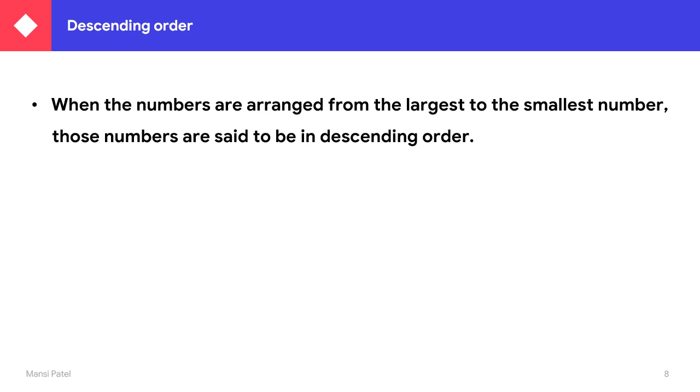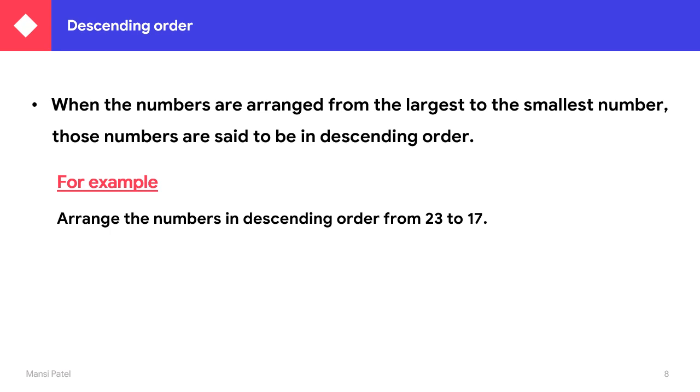When we arrange the numbers in decreasing order we also write down the largest number first and then decrease the number. So when we arrange the numbers in decreasing order, they are known as descending order. Let us see that with the help of one example.